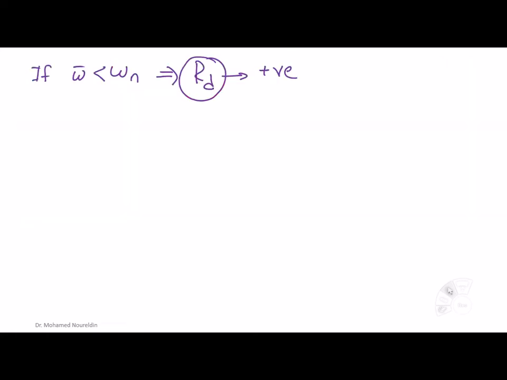So if we have omega bar less than omega n, then RD is going to be positive based on the equation itself. This means that u of t and p of t, the total response of the system and the excitation, are going to have the same sign.